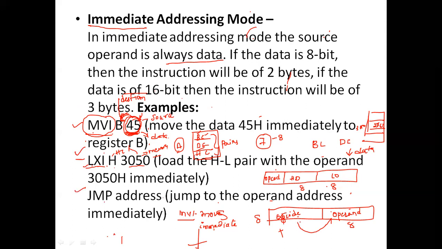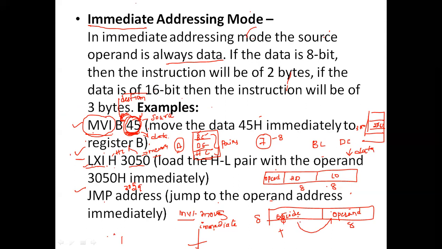Next is the jump address. Suppose I have specified jump 3059. Whenever we specify this jump instruction, it jumps to the operand address immediately.